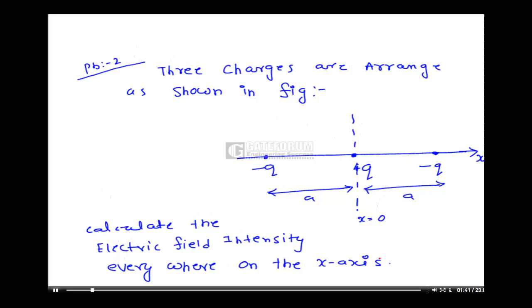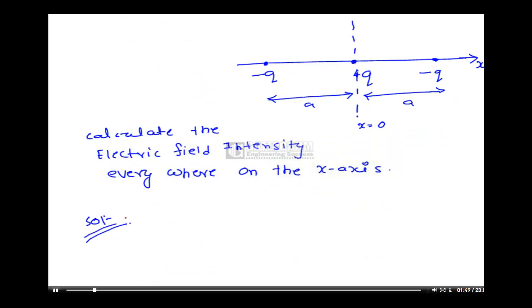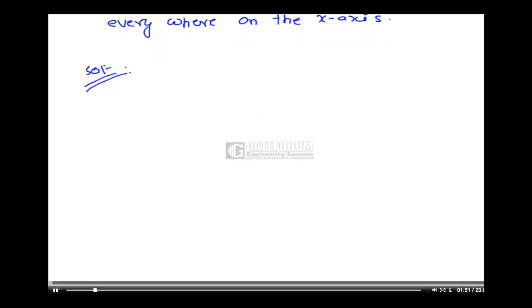This type of problem is very important. We will see the solution to this problem. The solution is very simple. Suppose this is the given axis. This is x is equal to 0. This is minus q. This is A. This is another minus q.